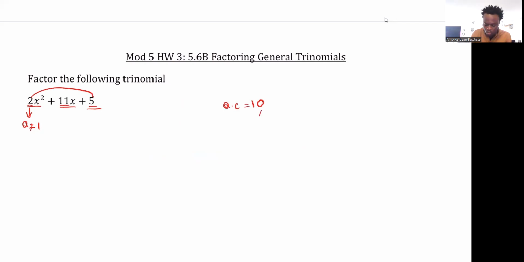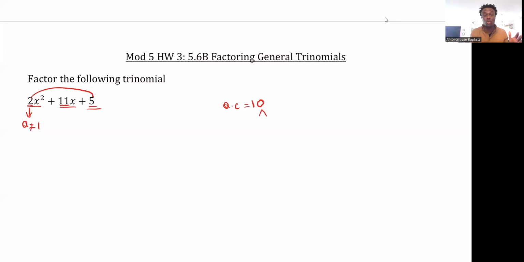Now I'm going to try to factor 10 into two numbers whose sum is 11. Some of the numbers are found very quickly, and do not be scared of using 1 as a factor as well. Also, don't be scared of using negative numbers. Sometimes it's a positive number and a negative number that will add to give you the b value that you need.